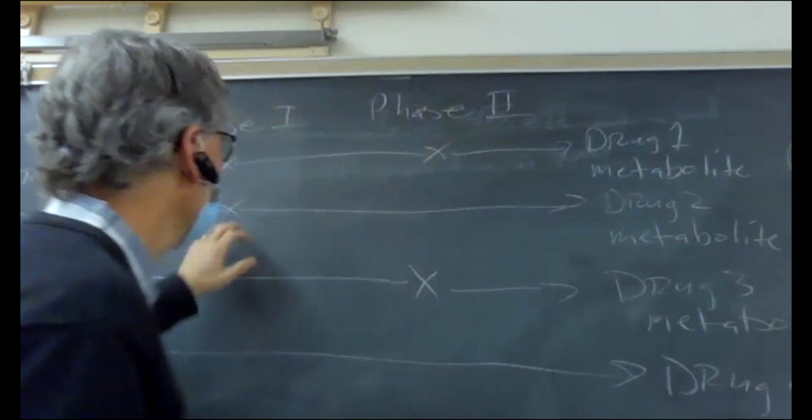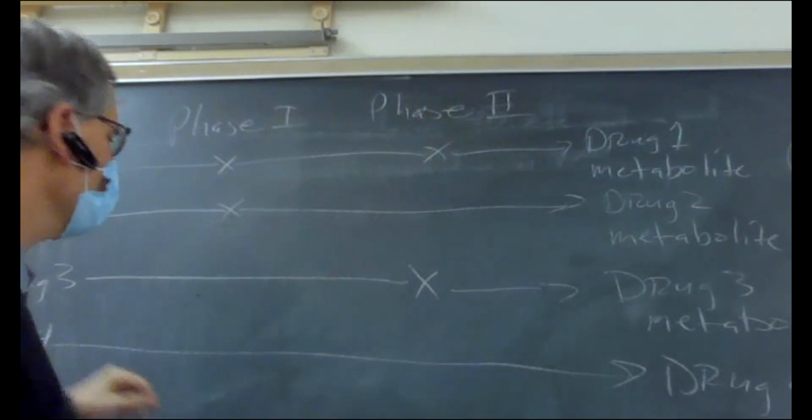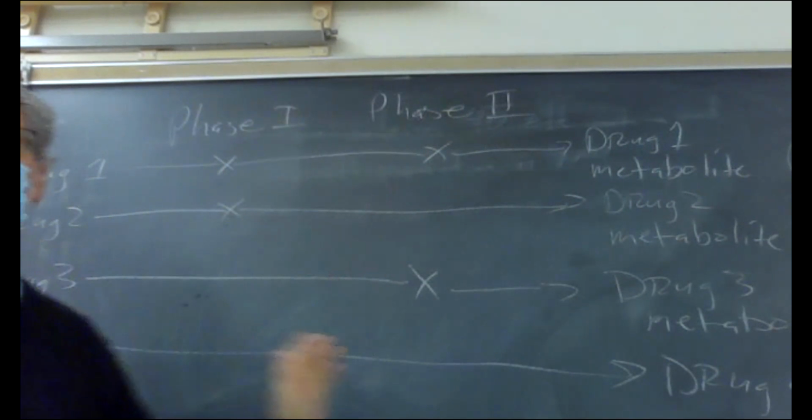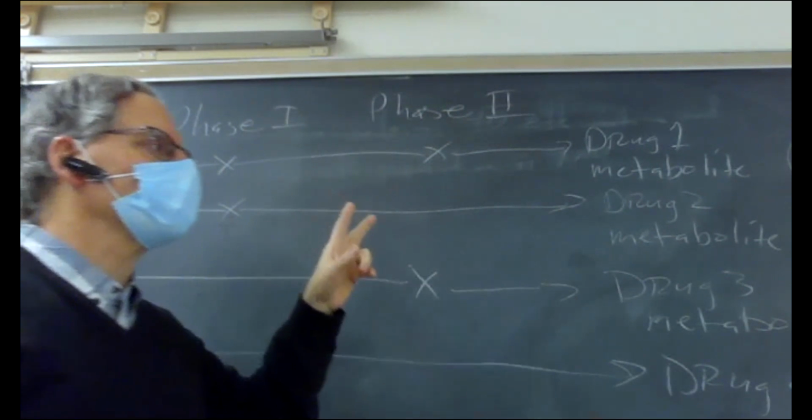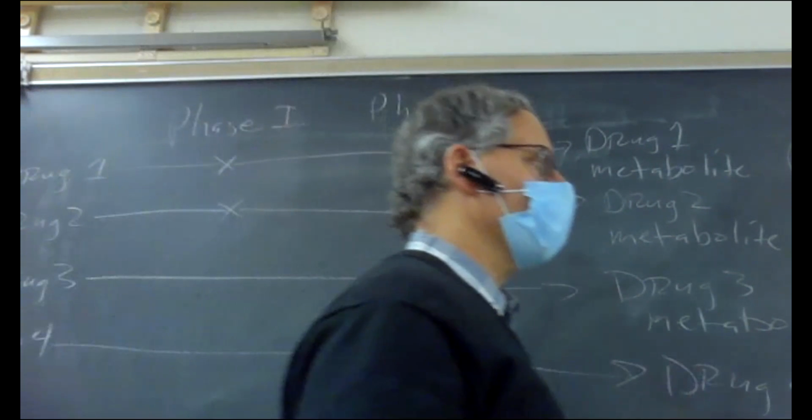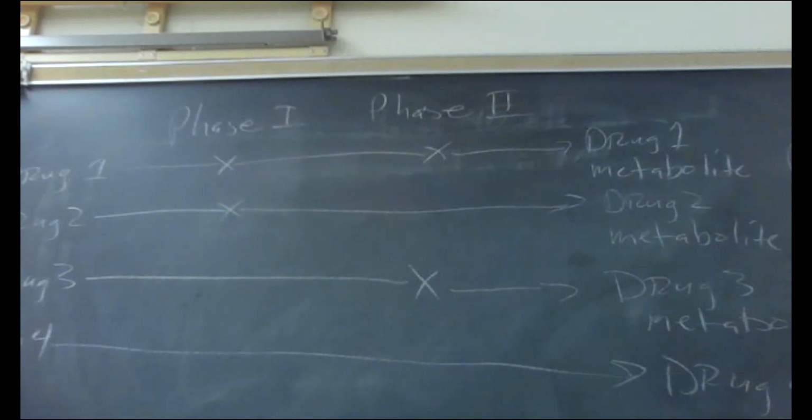There are some, however, that just do one, not the other. And then there are some that do neither. And there you are. Again, phase 1 reactions typically occur first. Phase 2 typically occurs second, but there are exceptions. Very good. All right, you with me so far?